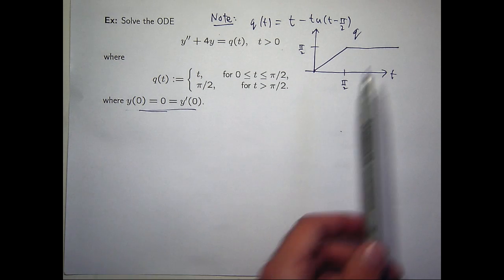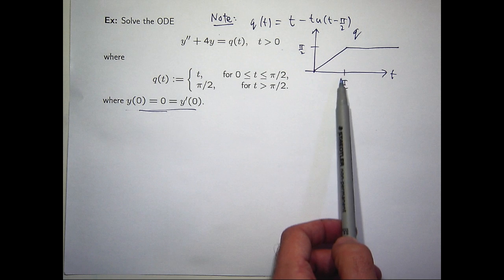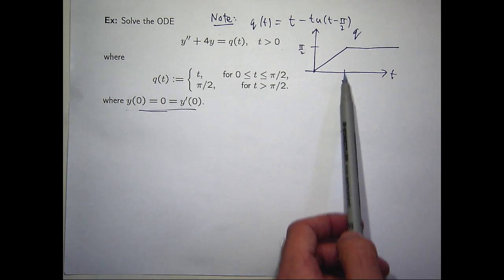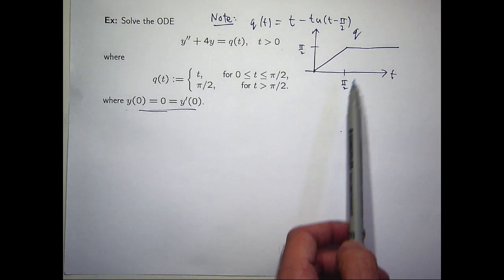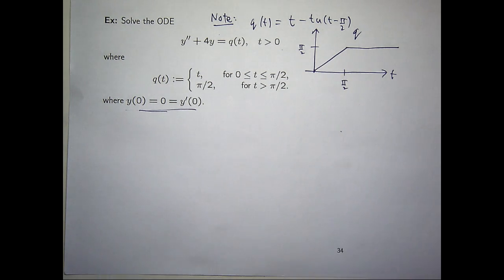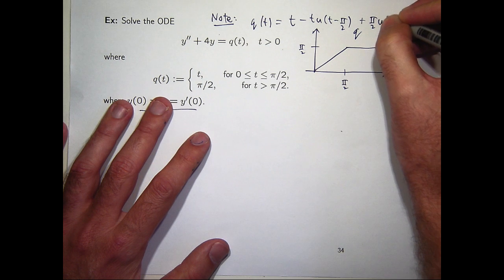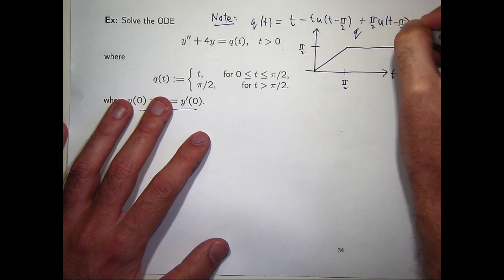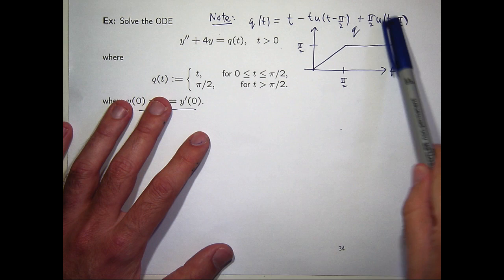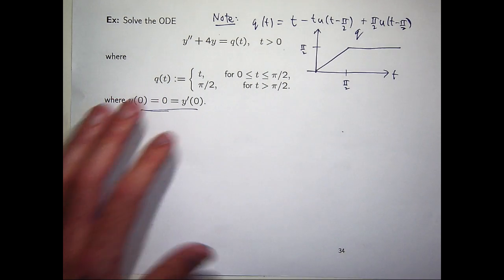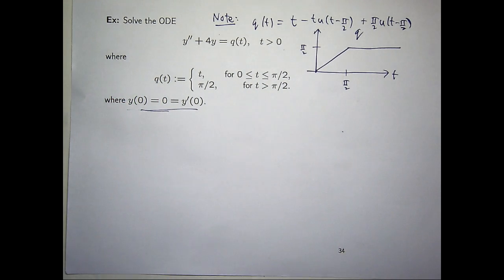What I would like to the right-hand side of this sort of point here, I would like just pi on 2 to remain. So what I can do is just take my Heaviside step function and multiply it through by pi on 2 to get the proper height. Okay?